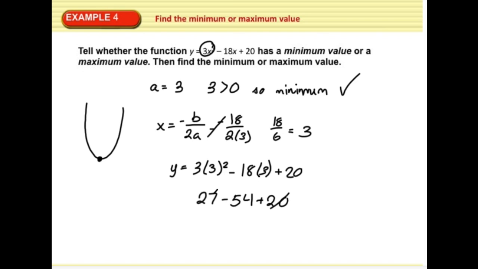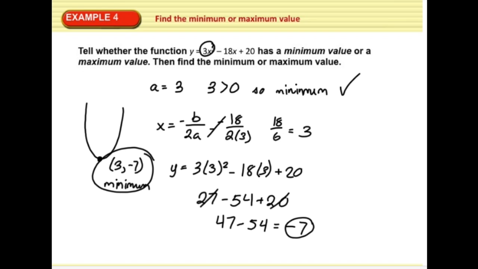So positive 20 and positive 27 is positive 47, minus 54 equals negative 7. So my coordinate for my vertex is 3, negative 7. And that's where the minimum value is going to be. So the question asks me, is there going to be a minimum or a maximum? And then where is that value? So I answered both parts of the question.